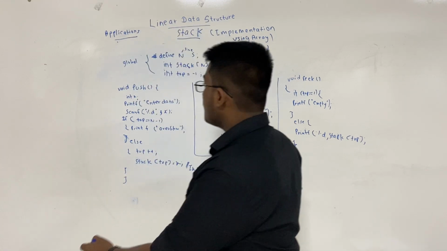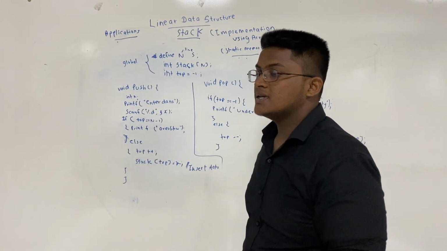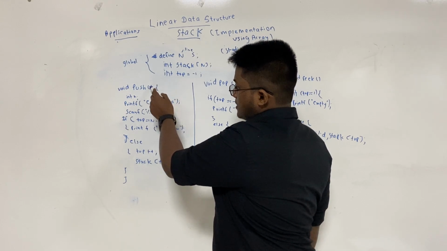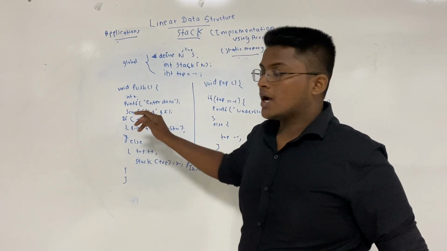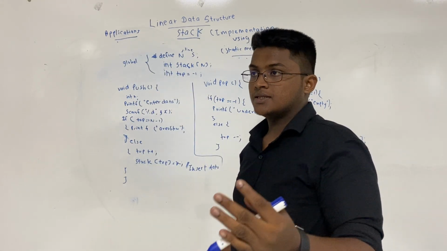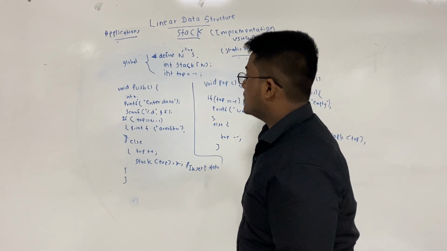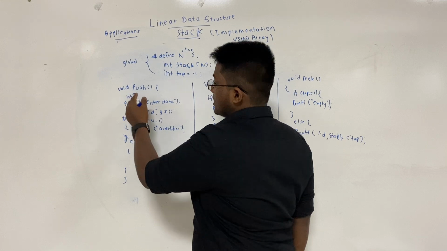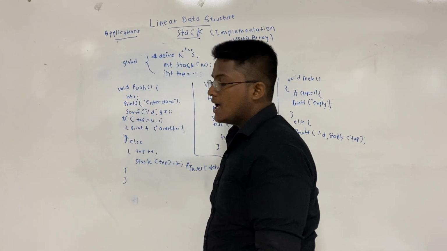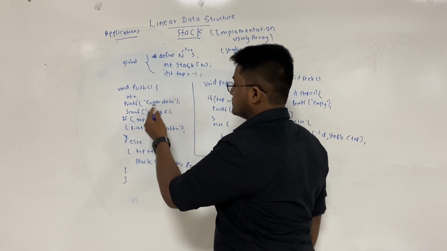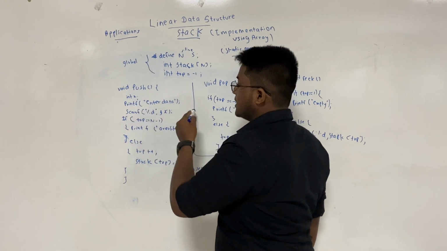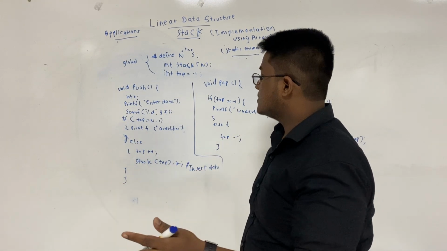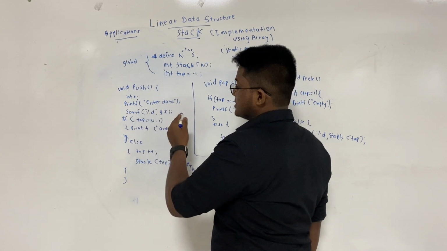What is push? Push means insertion of data. You can also pass an argument the way you prefer. Now, I will do it this way: I'm declaring a variable, int x, and then a printf: enter the data you want, because push means insertion, and then a scanf.